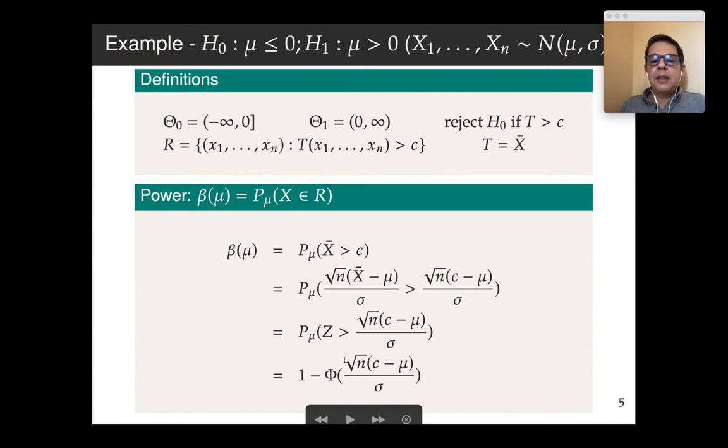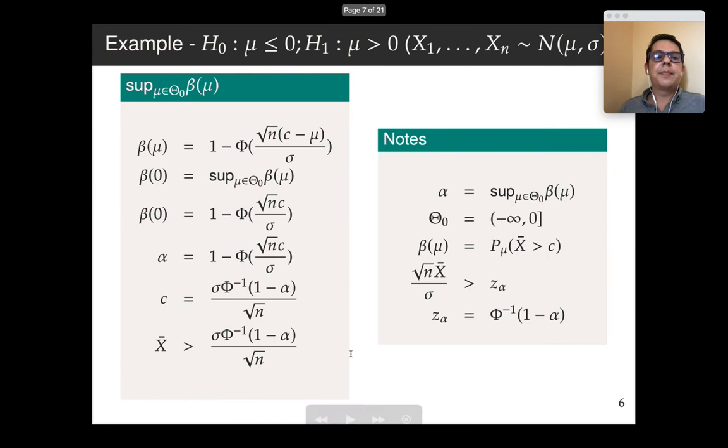Now, we are finishing this exercise. The last part that is missing: we have defined the power function, which is beta, and what is missing is to know the size of the test. The definition of the size of the test is that I want the maximum value.